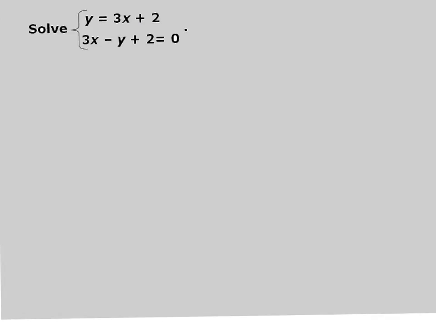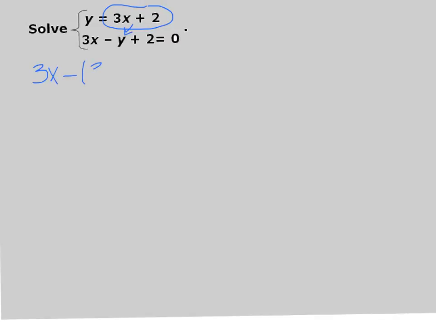Here's another example, and I'll just solve this one algebraically to begin with. Then we would probably want to replace 3x plus 2 in for y in the bottom equation.